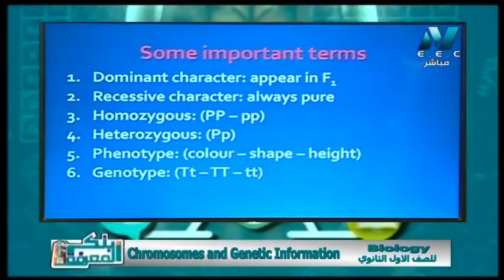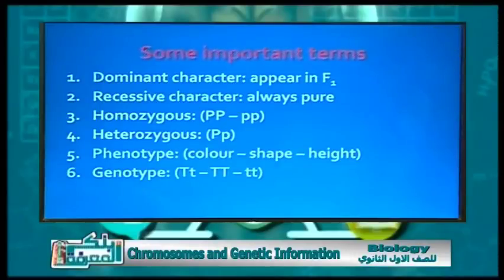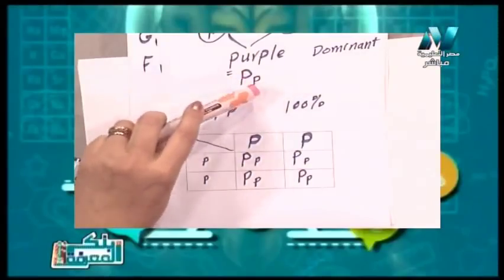So we have here some important terms that we are going to use quite often in the next lessons. The dominant character. What is the dominant character? Here is the dominant character: the purple, which appeared in the first generation. Even if the gene of white color is present, the dominant gene for purple color dominates over the white gene and doesn't show its effect.